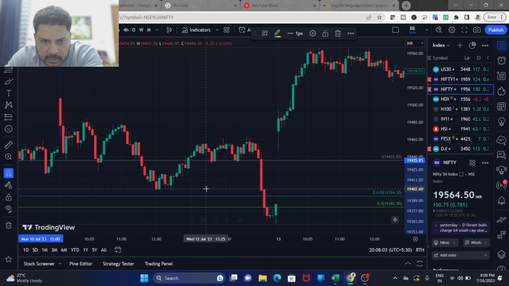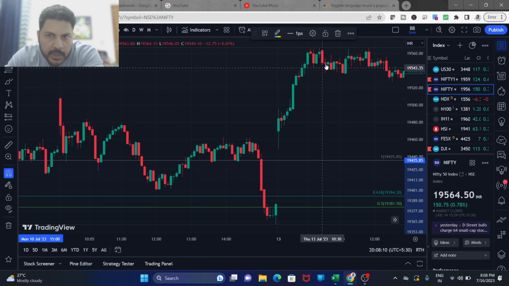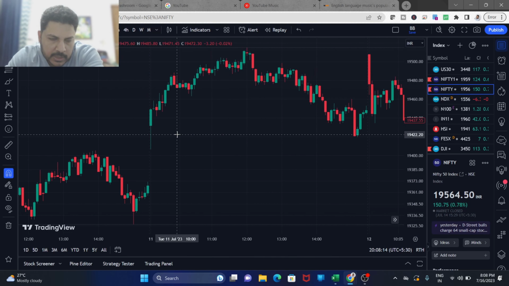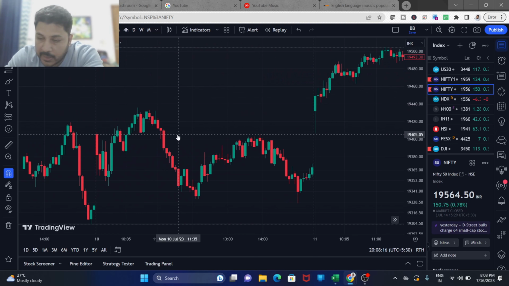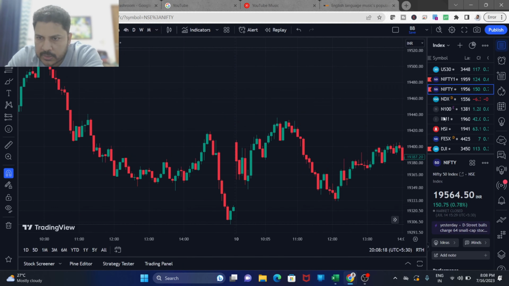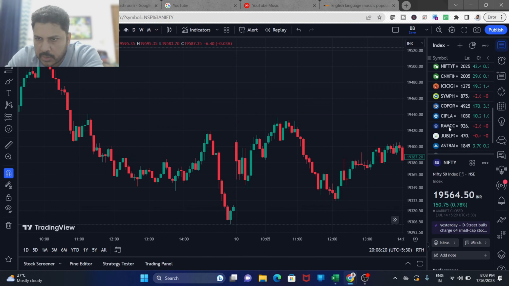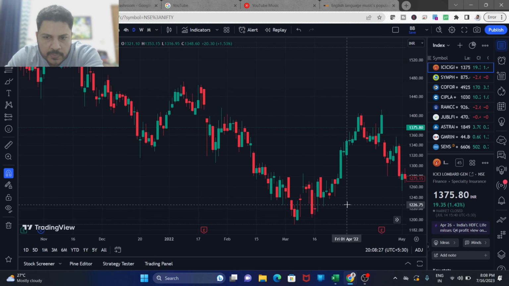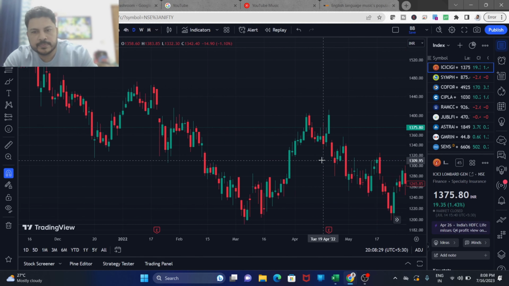Wherever you see it has gone, first time it came here, it bounced. Then again the second time it came to 50%, it bounced. So ideally what I'm trying to tell you is to use this 50% entry zone for any stock. Let's try to analyze any other stock like this on a daily time frame and see if we can get an entry for us to understand better.